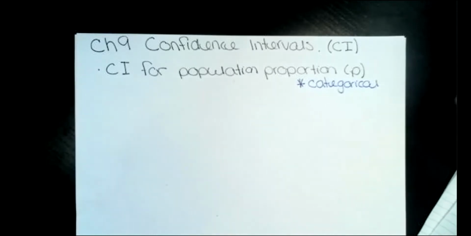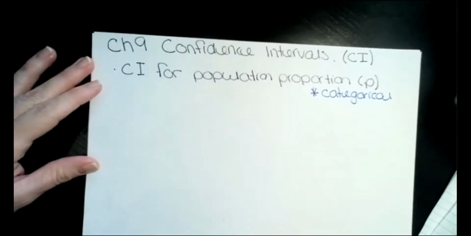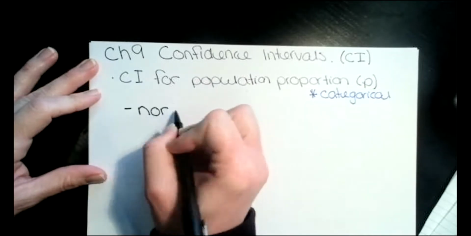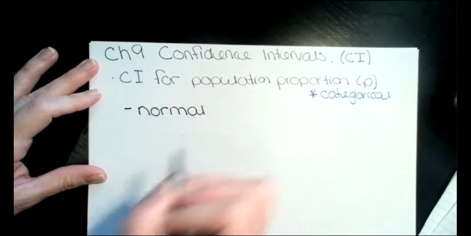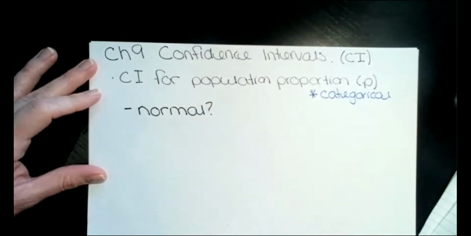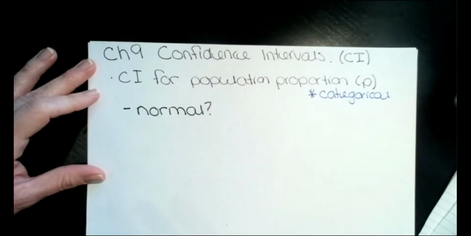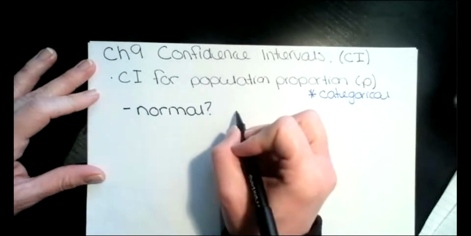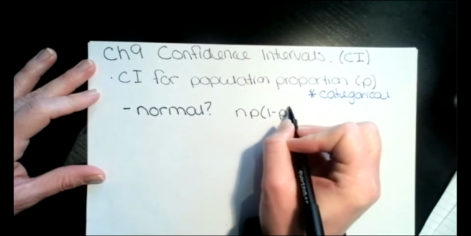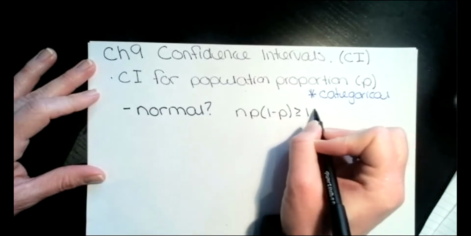So we'll remind ourselves a little bit, but this kind of goes off of Monday's lecture, or last class lecture, I should say. We need to be able to show that it's normal, right? We need to be able to show that we have a symmetric data set. So the way we do this is the same way as we did last class, where we have n times p times 1 minus p is greater than or equal to 10.